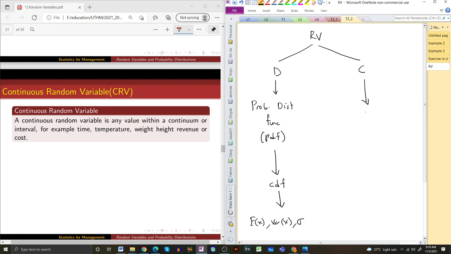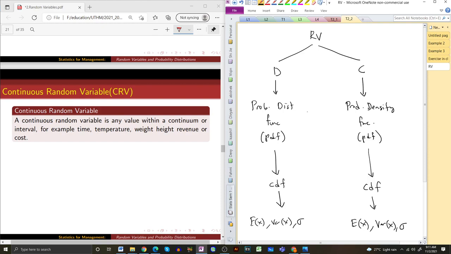Now we are going to go through the same thing with continuous, but for continuous, the probability distribution function has a different name, known as the probability density function. Still PDF, probability density function, and then the cumulative CDF, and then we will finally learn E(X), Var(X), and standard deviation.